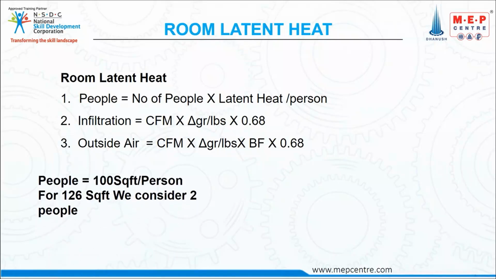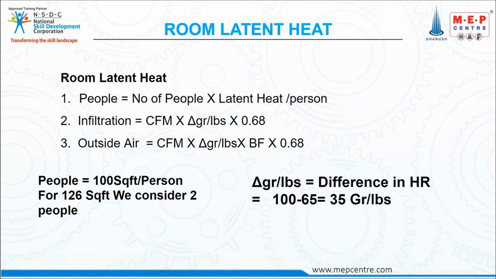Okay, so already we know the number of people is 2, and delta grains per pound is the difference in HR. So what is the difference in HR? 100 minus 65, which equals 35 grains per pound.